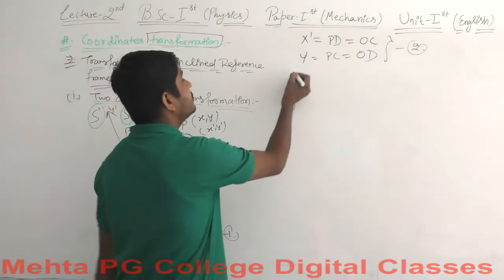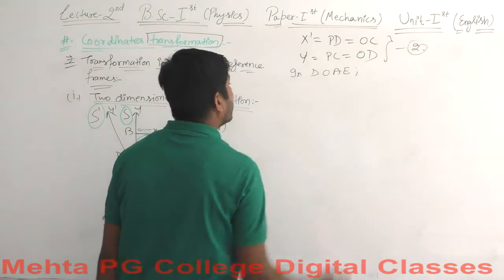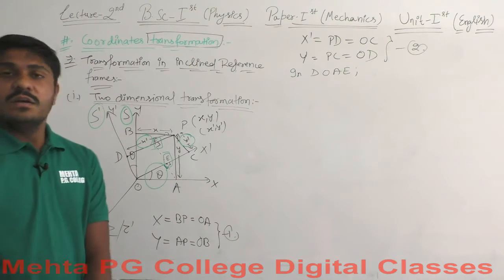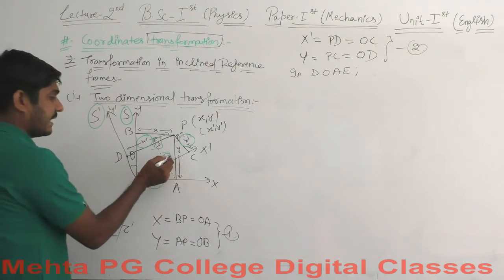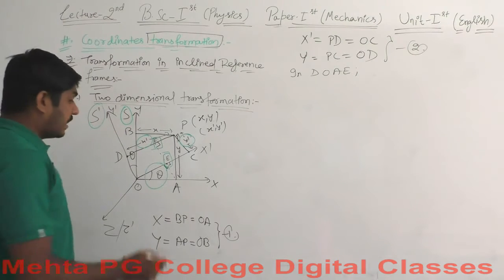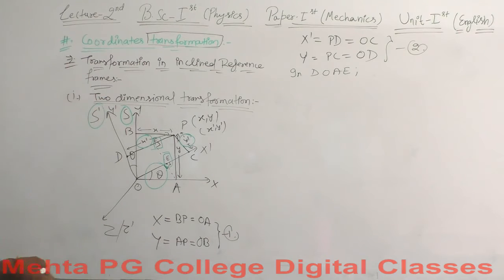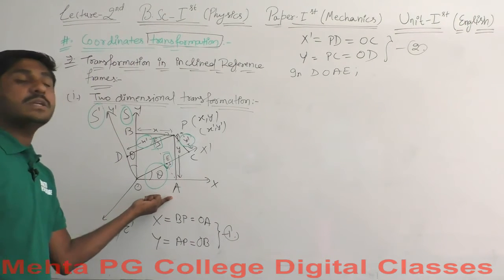In triangle OAE, this is again a right angle triangle, and this angle E is the right angle, and angle theta is the angle of inclination, if you remember. We are subjected to find out the displacement OA.